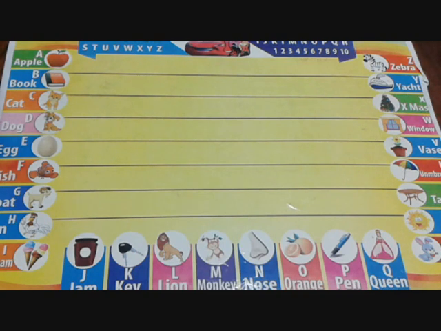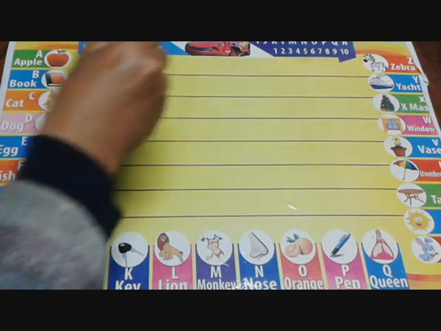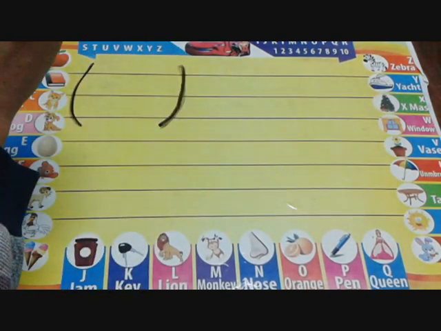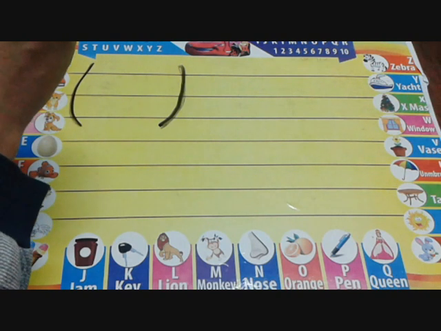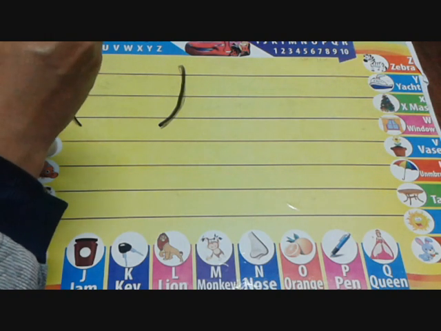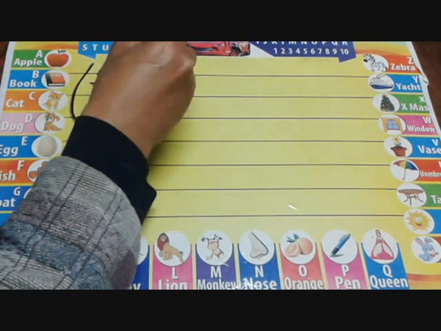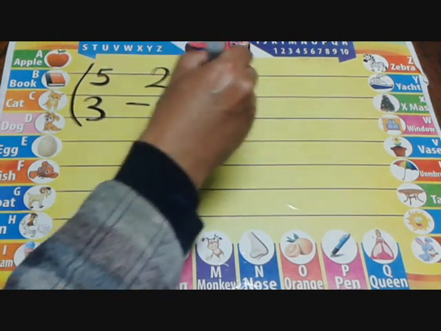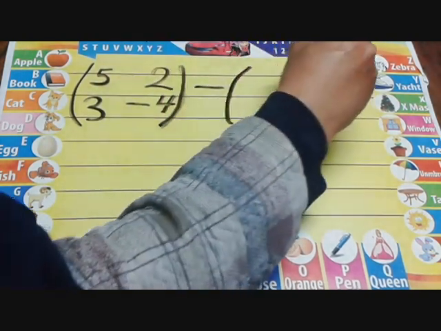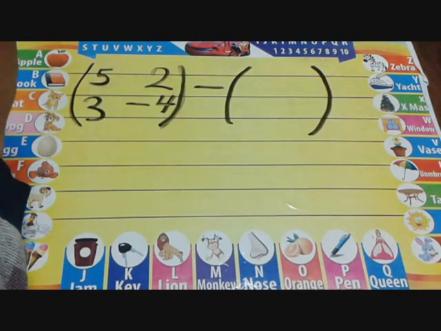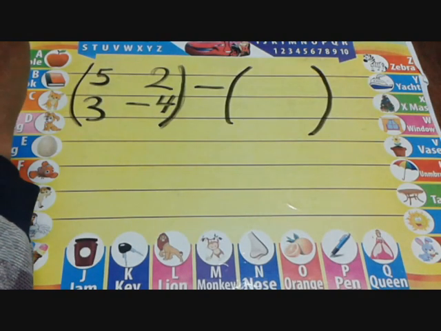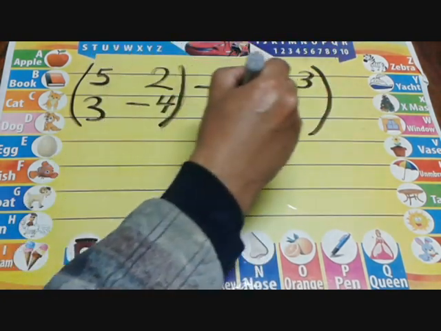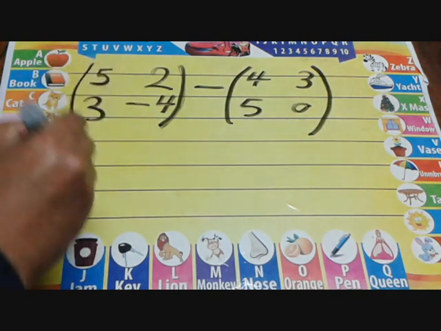A matrix like this consists of these elements: 5, 2, 3, -4, minus another matrix that consists of these elements: 4, 3, 5, 0.